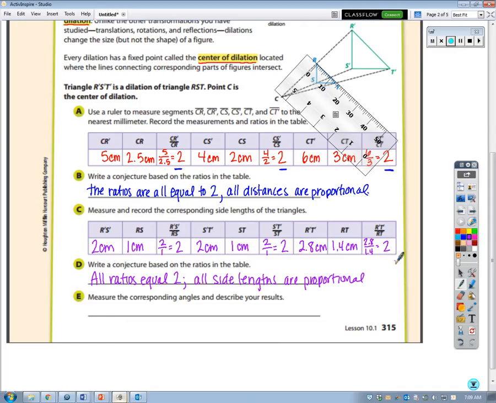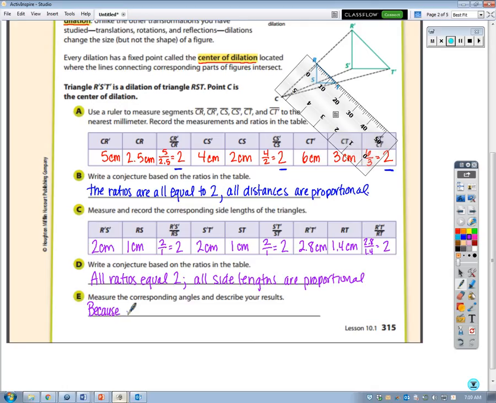So I know that since my side lengths are the same and my shape has not changed, I actually know that my angles are going to be the same too. I'm going to explain that, but you could certainly take some time and measure those angles out.